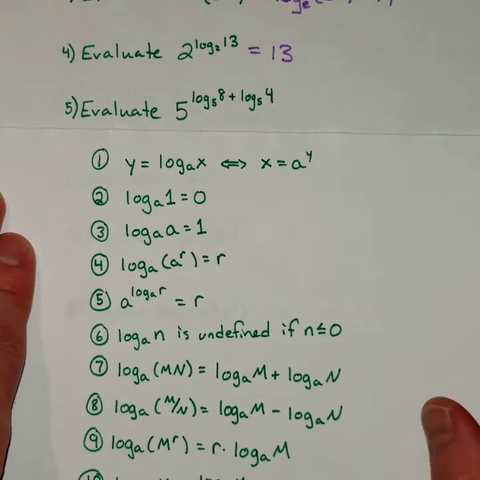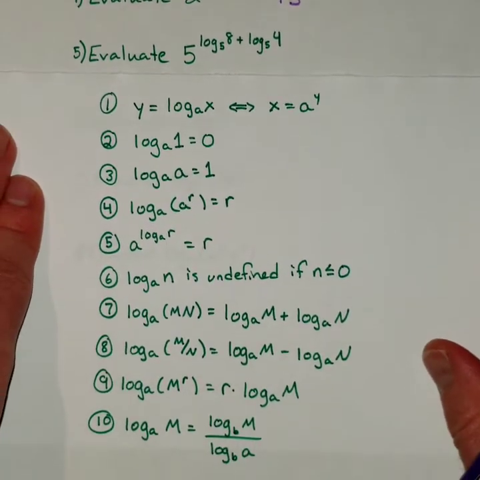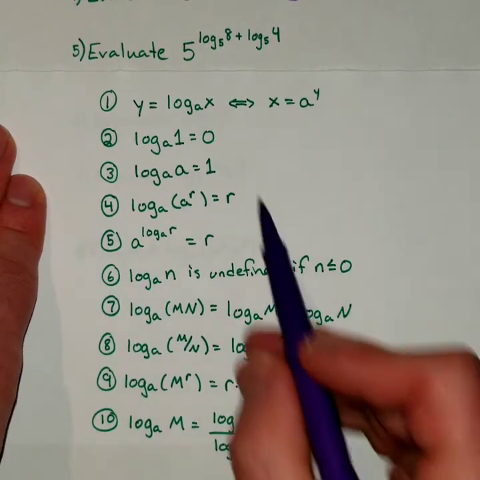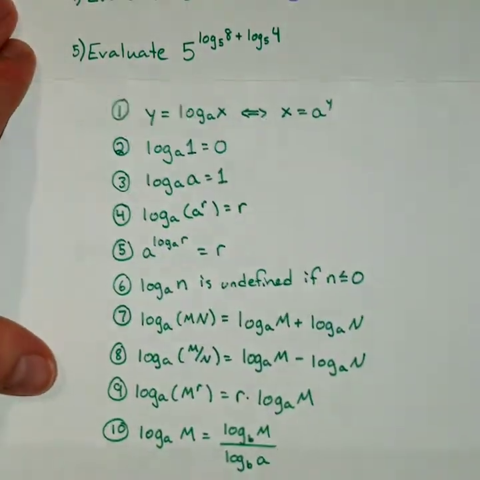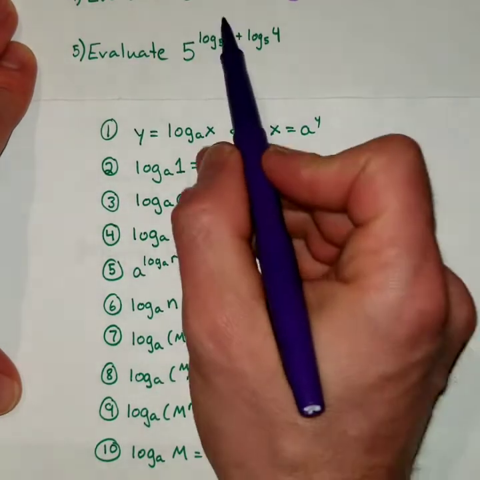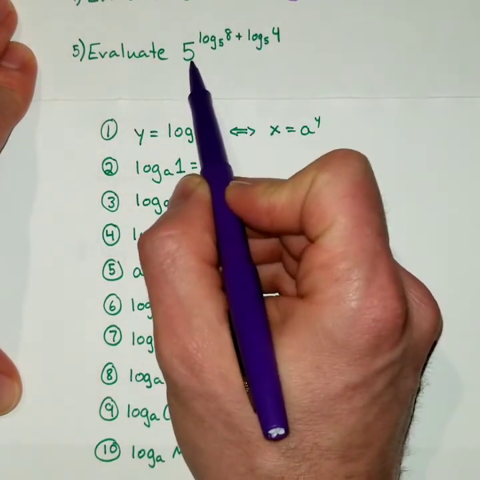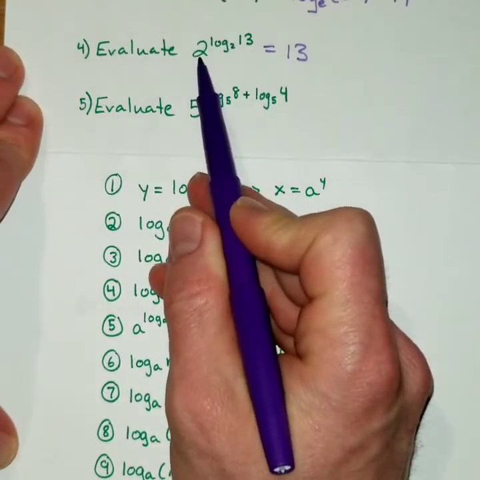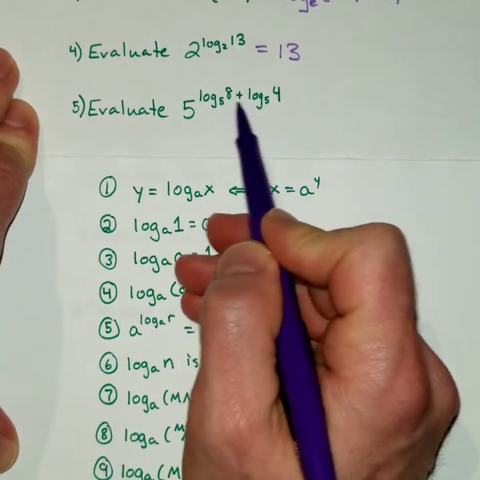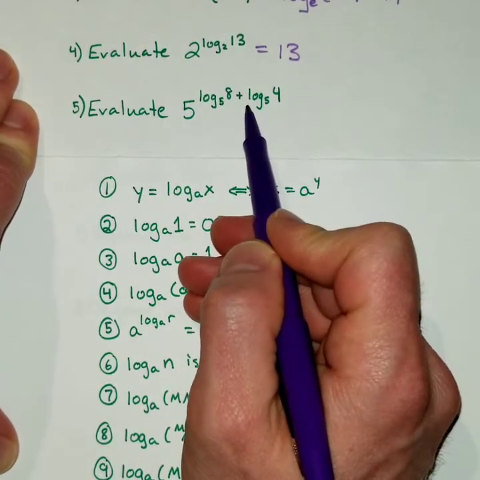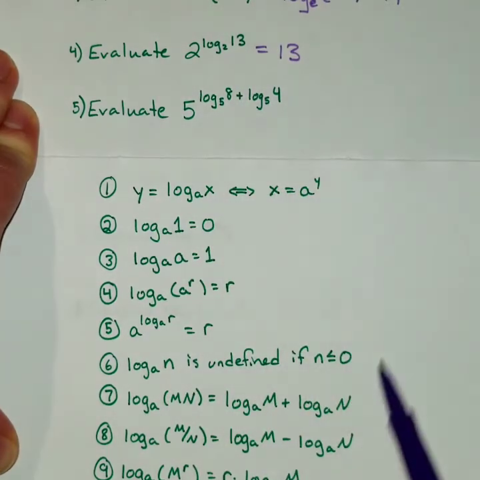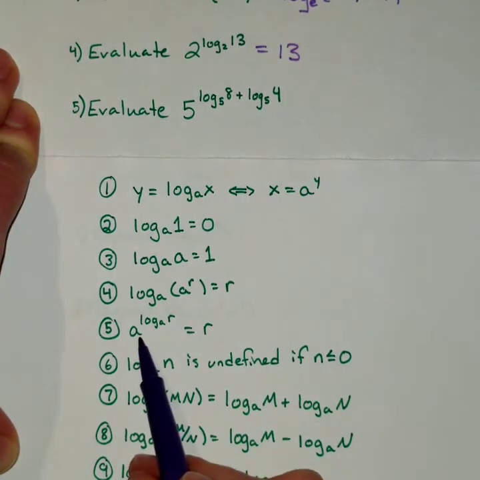Alright, property number 5, example number 5. This one's a little bit tricky because we have a logarithm in an exponent, which is similar to the previous example, but here we have actually 2 logarithms. And it'd be nice to get them down to 1 so that I could apply property 5.